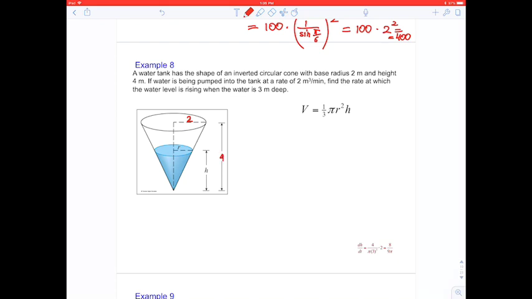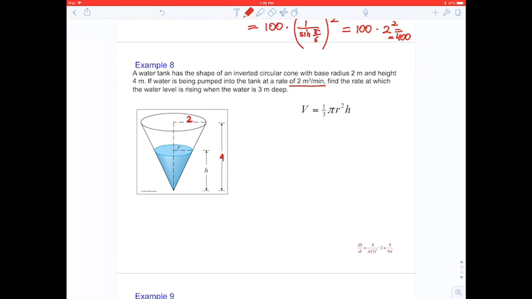If water is being pumped into the tank at the rate 2 meters cubed per minute, okay, that means this is the rate of change given. Find the rate at which the water level is rising when the water is 3 meters deep.